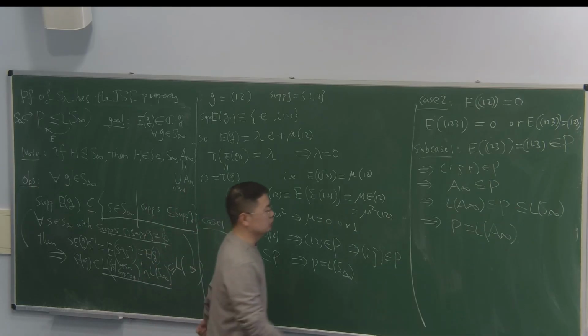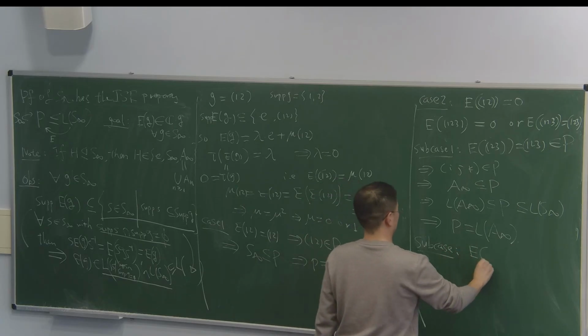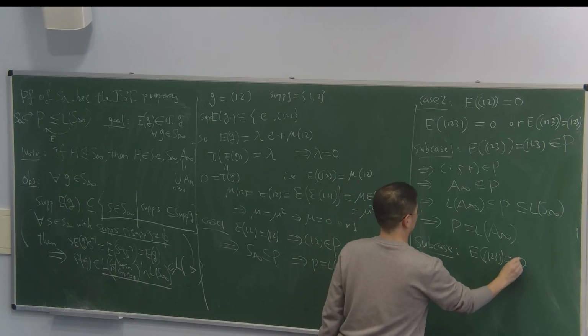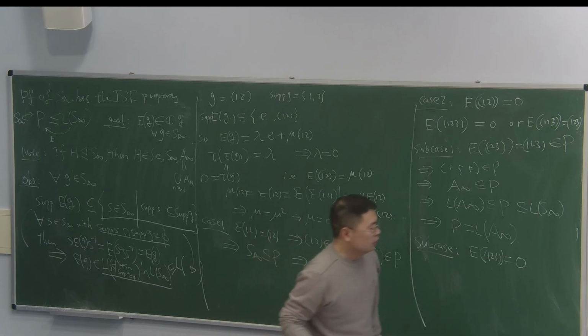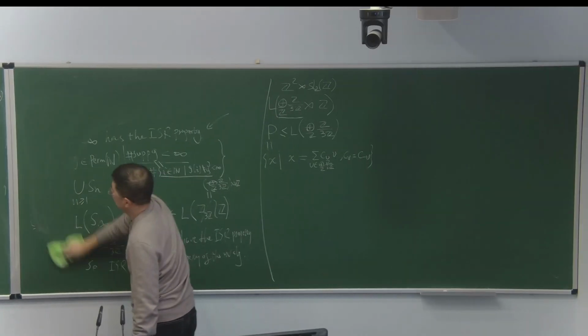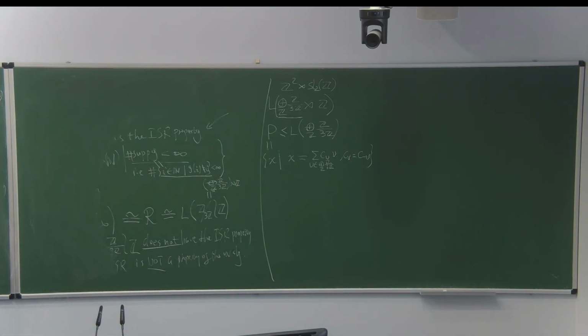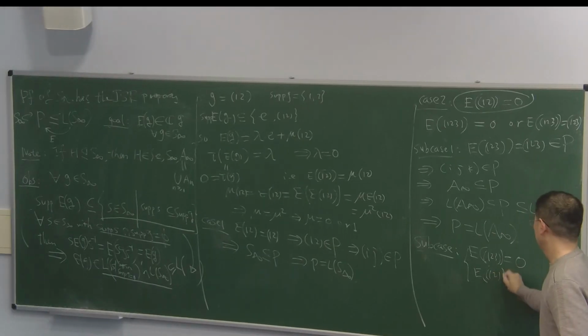So the most difficult case is when E of (1 2 3) equals 0. Of course, we also assume E of (1 2) equals 0 because we are in this case.